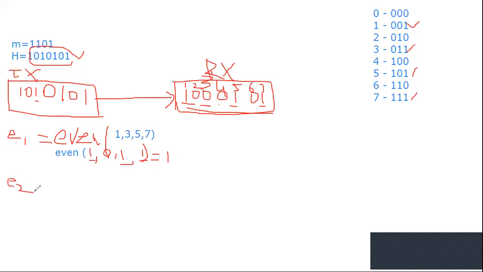E2 means the even parity of which bits? See this table: 2, 3, 6, 7. At the receiving side, take bit 2 as 0, bit 3 as 0, bit 6 as 0, bit 7 as 1.